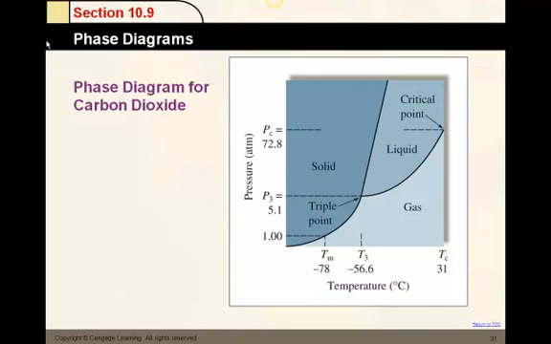The triple point is where a solid, a liquid, and a gas can all exist at the same temperature and pressure. You can read that off here. Here, the triple point is a pressure of 5.1 atmospheres and a temperature of negative 56.6 degrees Celsius, and this is for carbon dioxide. The critical point is where, after that point, you can't liquefy it anymore at that particular temperature.